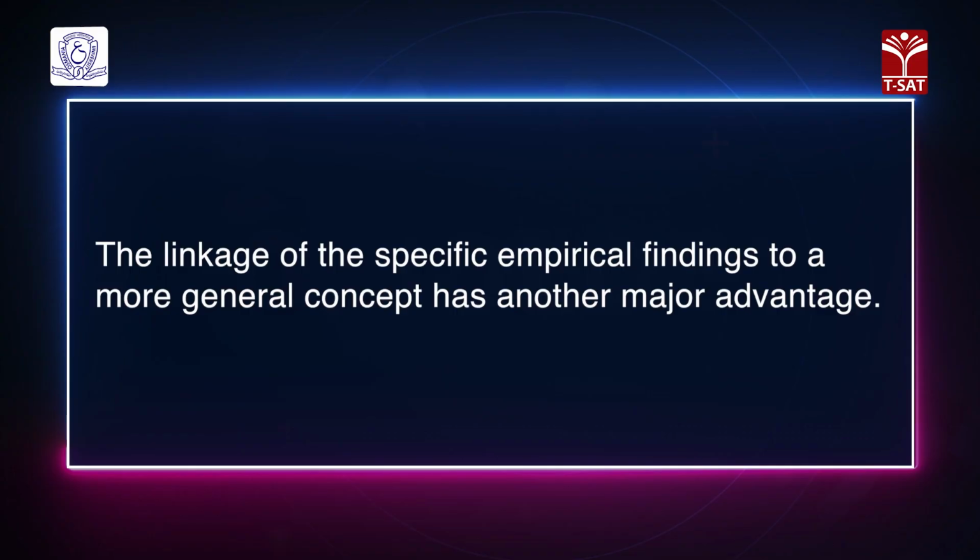3. The linkage of the specific empirical findings to a more general concept has another major advantage. It affords a more secure ground for prediction than do these empirical findings by themselves. The theory, by providing a rationale behind the empirical findings, introduces a ground for prediction which is more secure than mere extrapolation from previously observed trends.